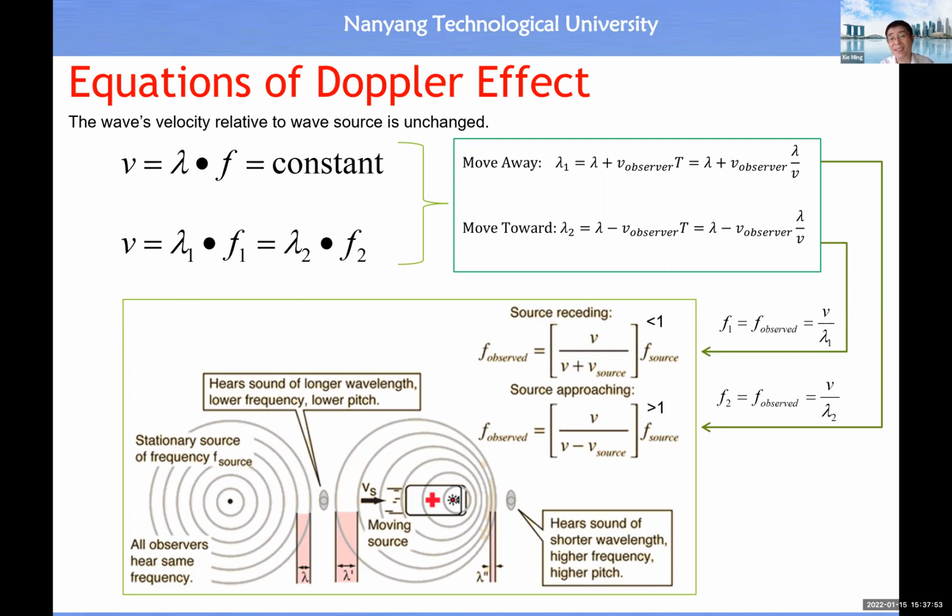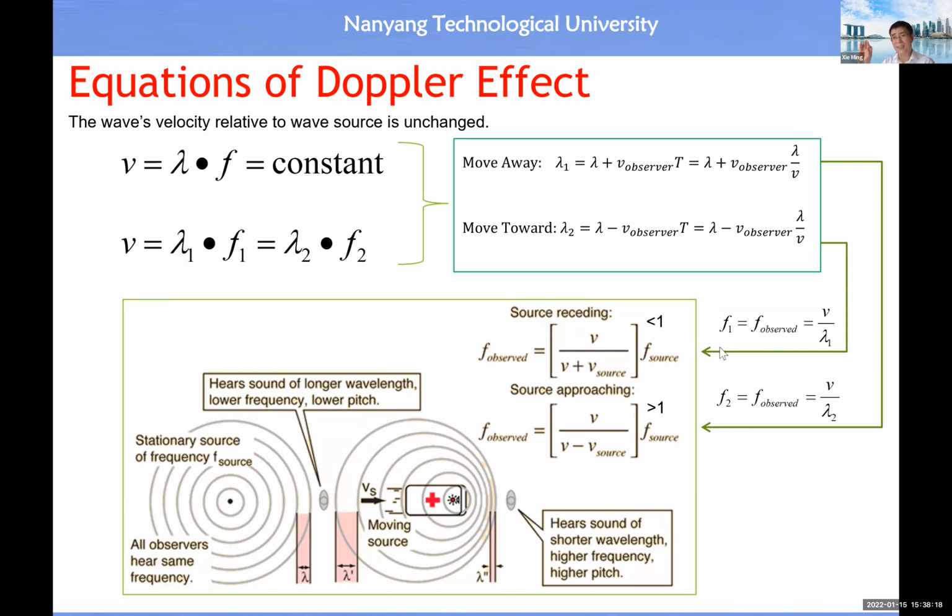When you approach, suppose every point will travel the same amount of distance before the observer receives them. If there's a relative velocity, then some points will travel less distance and reach the observer earlier or later. So then t is equal to lambda divided by v.